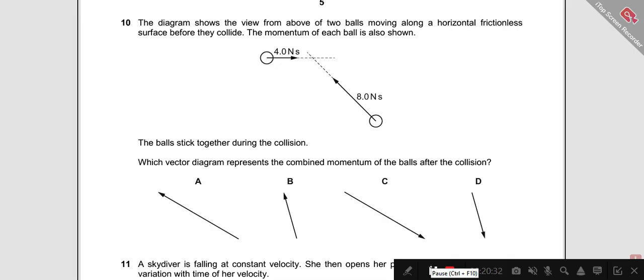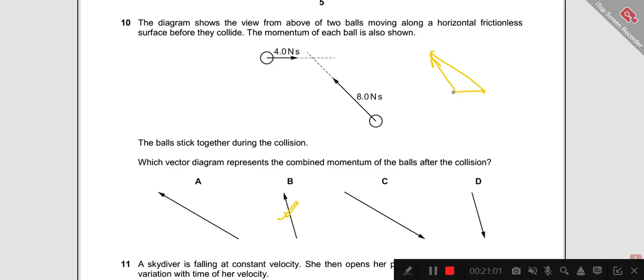Now first of all, what we have to do is find the total momentum before collision, right? Then using the rule for vector addition, the head to tail rule, we have the total momentum of the system, which turns out to be this one before collision, and we have to comment on the total momentum of the system after the collision, right?